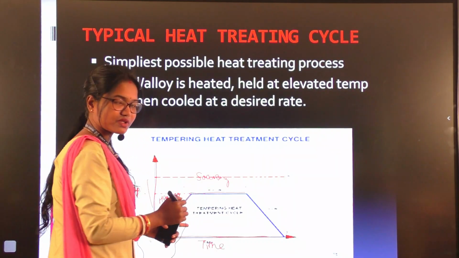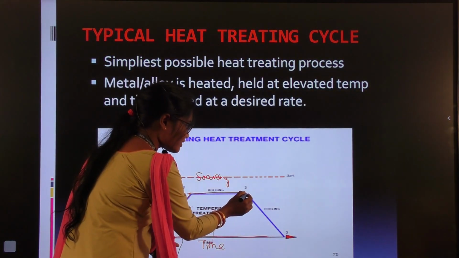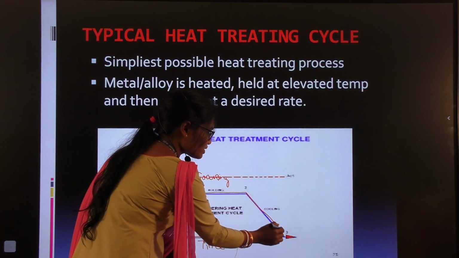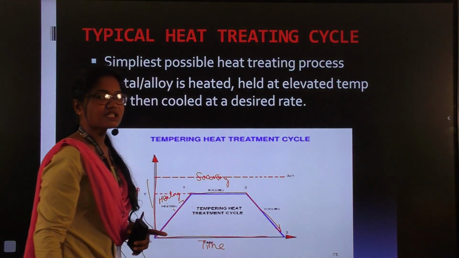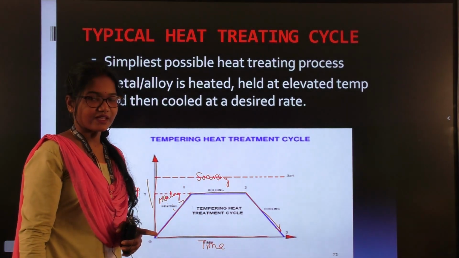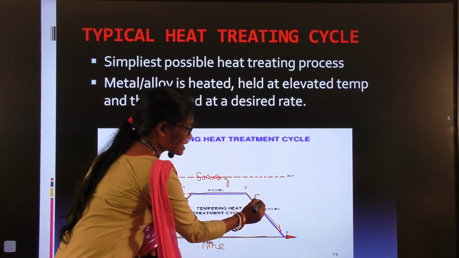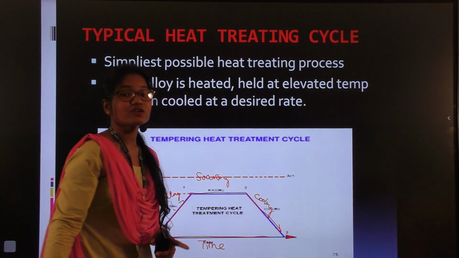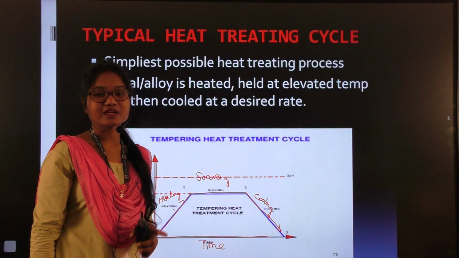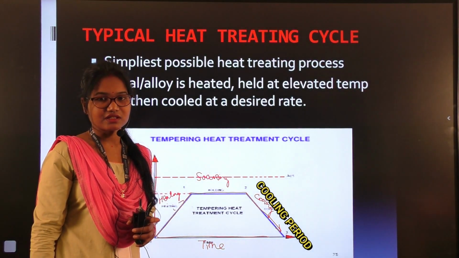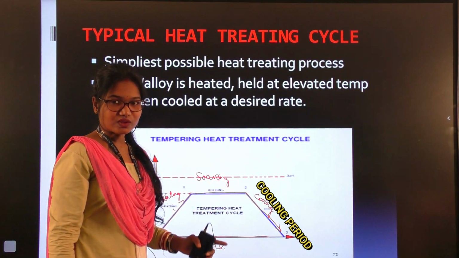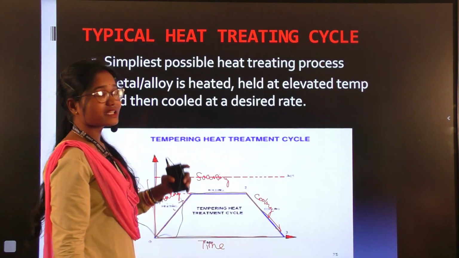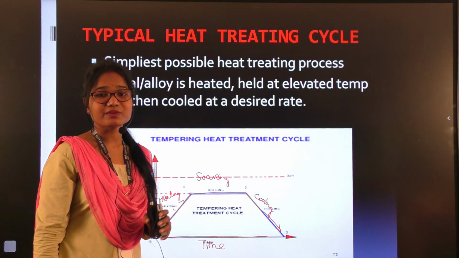After the soaking period is done, there will be a decline in the temperature again. This declining temperature is called our cooling rate, or we can call it the cooling period. The cooling period will be different for different kinds of metal. Depending on the cooling period, heat treatment is classified into 4 different methods.